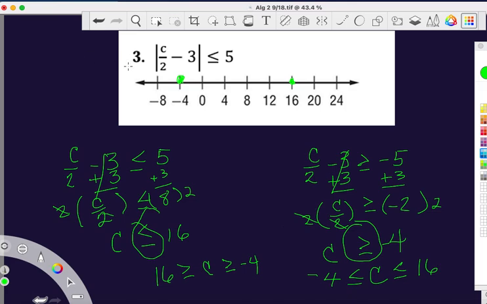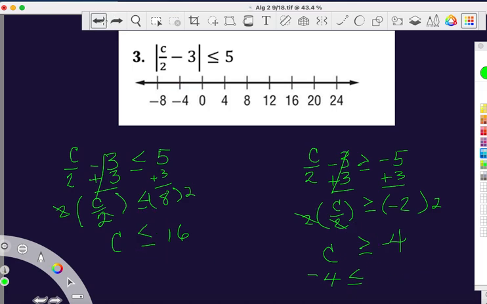let's backtrack a lot. Let me erase a bunch of this. There. See how we finished here? See how these are our answers, right? So I'm gonna start, and I'm gonna say, okay, closed circle at 16, and I'm gonna send an arrow that way.